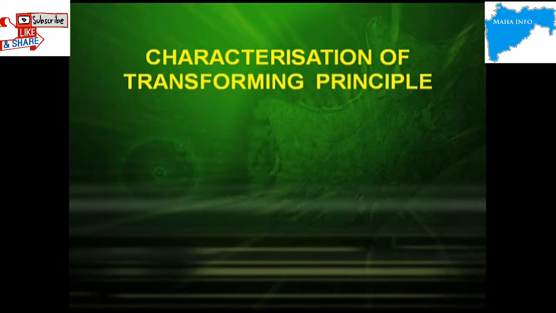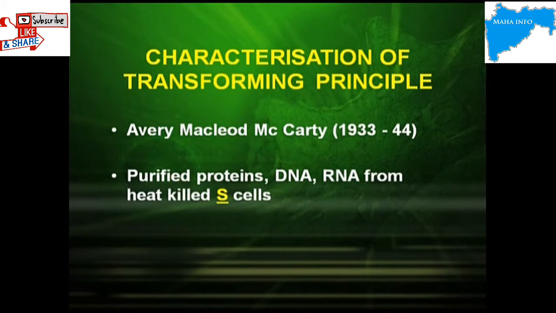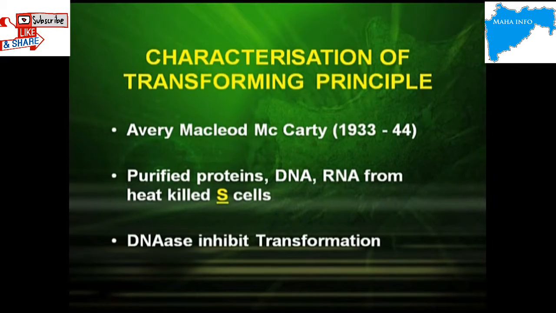So, in the next experiment, the characterization of the transforming principle was performed by three scientists, Avery, MacLeod and McCarty, 1933 to 44. They purified proteins, DNA, and RNA from heat-killed S cells. Now, to their surprise, they found it is only the DNase which inhibits the transformation.